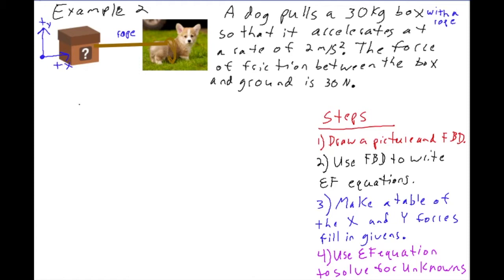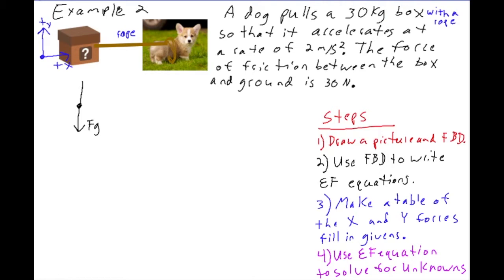I'm going to go ahead and draw my free body diagram for my box. I see that my box is on a planet, therefore I'm going to have force gravity pointed down. I also see that my box is on a flat surface, therefore it's going to have force normal pointed up from that surface.